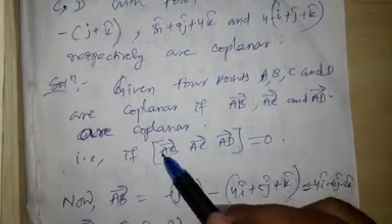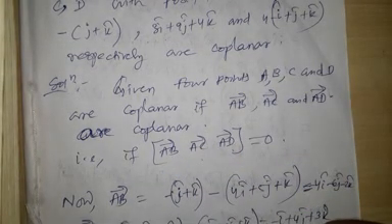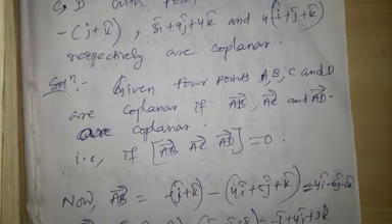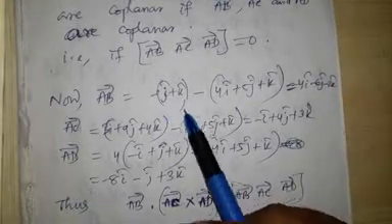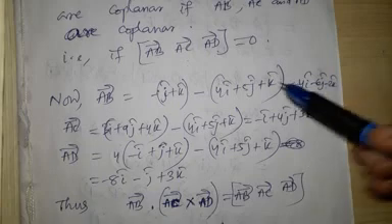That is, if the scalar triple product of AB, AC, AD is equal to 0, then it is coplanar. First you have to find AB, that is B minus A, so that is minus 4, minus 6, minus 2.